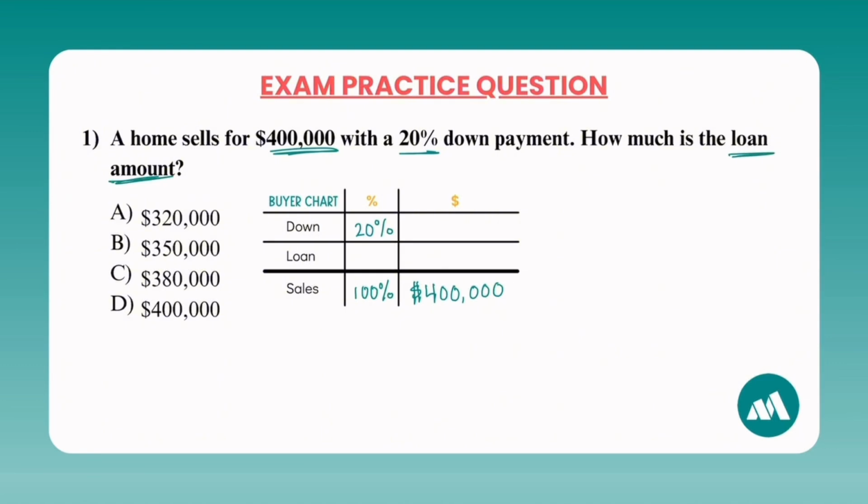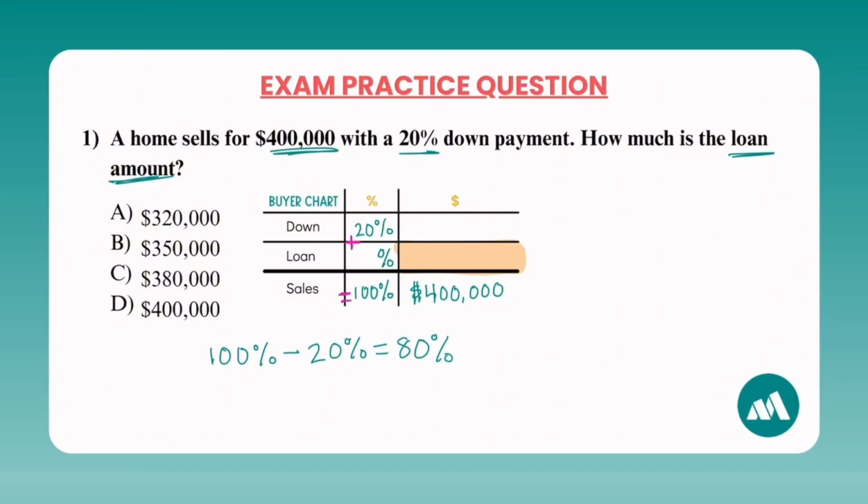That is this box. So an easy way to do this is that we know that 20% plus whatever this percent is has to equal 100%. So we can simply just subtract 100 minus 20%, and that's going to give us 80%.